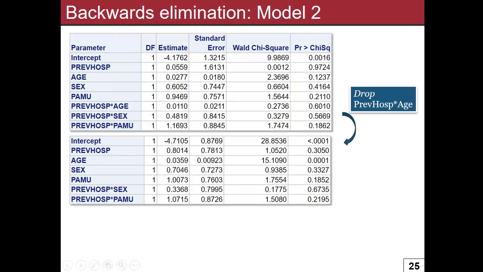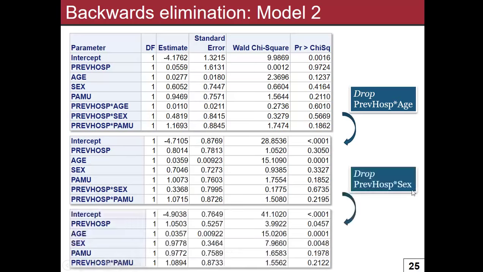Anyway, we're talking about dropping previous hospitalization times age. And so we do that, and then we look at our EW terms, and we say, none of these are still significant. The larger p-value belongs to the sex times exposure row, and then we would drop that term, rerun the model, and now the last EW term is not significant either.